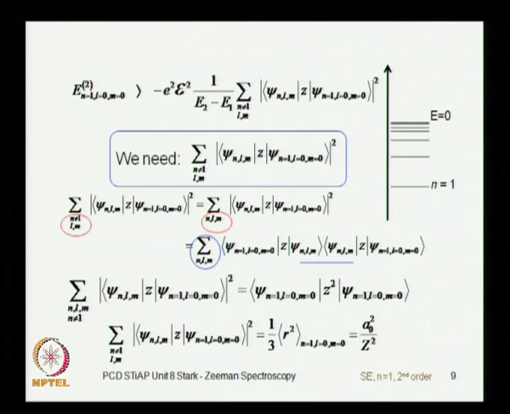So this will be 1/3 of r square. Okay? And the expectation value of r square can be very easily determined for any eigenstate of the hydrogen atom, which for n equal to 1 is a0 square by Z square.